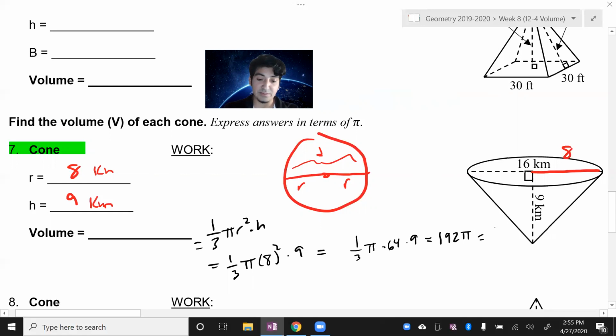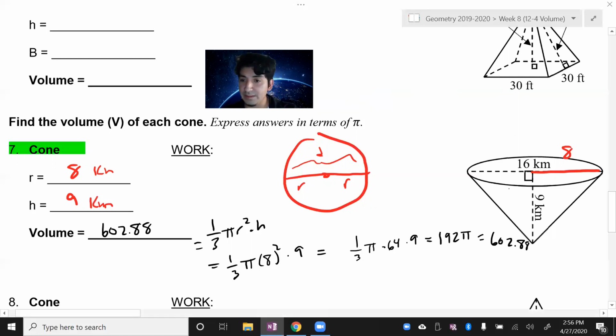When we multiply that by pi, it should give you 602.88, and that's already rounded. Let's double check that: 192 pi.